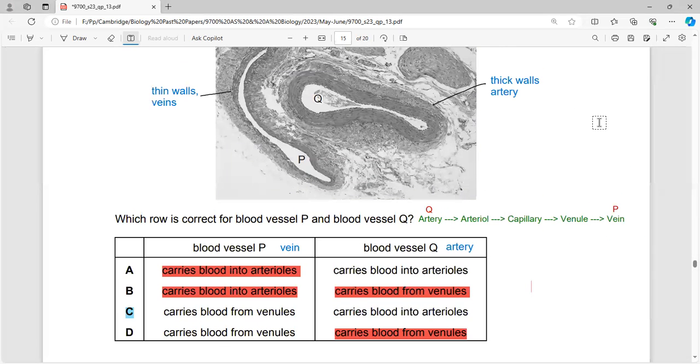The blood vessel P is a vein, so the correct statement is that it carries blood from the venule. What about Q, the artery? It carries blood into the arterioles. So that's why C is our correct option here.